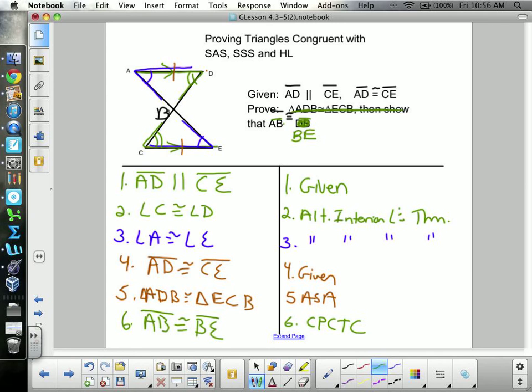Reflexive. Oh, CPCTC, which stands for corresponding parts of congruent triangles are congruent. The second two C's are congruent. The first one is corresponding.